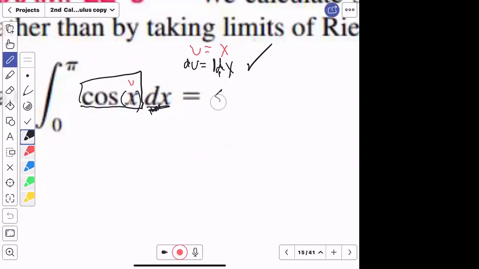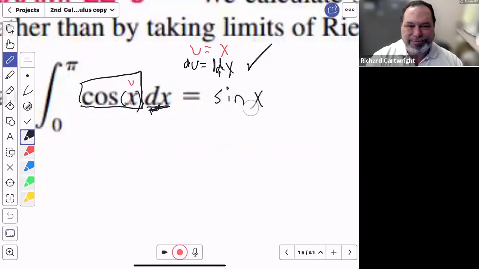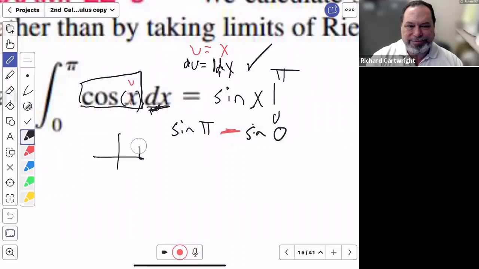Sine. Sine of x from 0 to pi. Sine of pi. Stop and pause. Make sure you put minus sine of 0. Sine of pi: pi is where? Pi is all the way here.